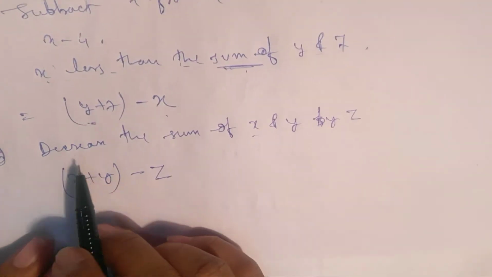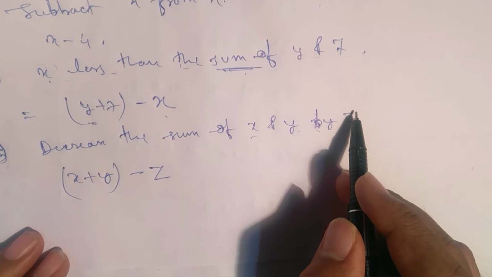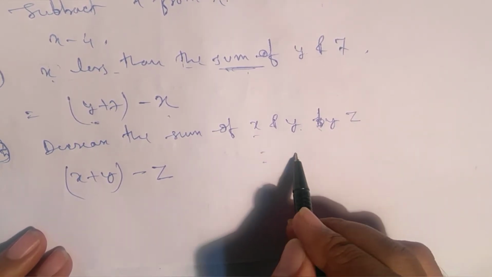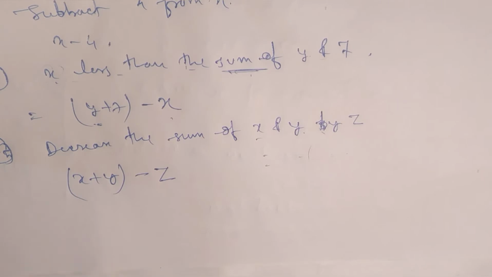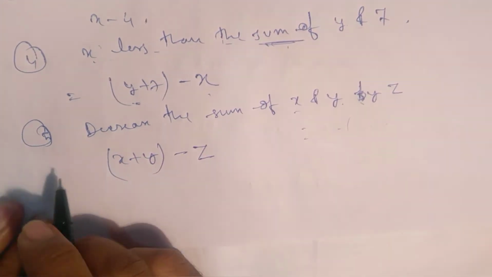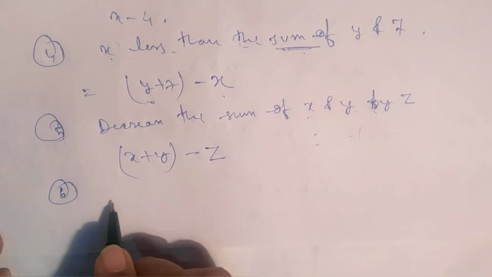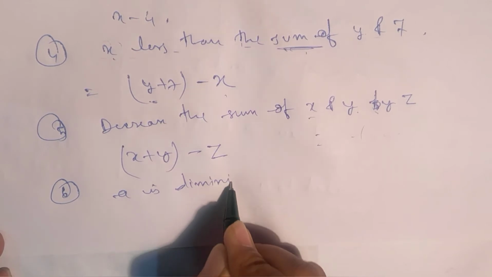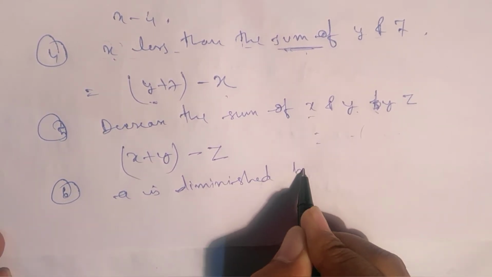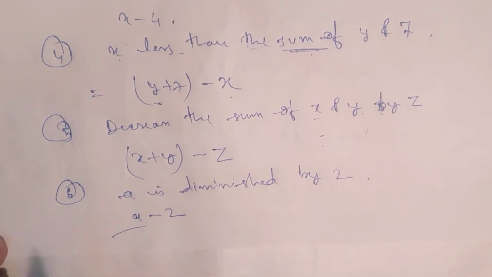And if it is the same question, decrease the sum of x and y from z, that means z comes first and then we put x plus y in brackets. Take one more example, 6th number: a is diminished by 2. That means 2 has gone from a, it is reduced. This way you can represent it.